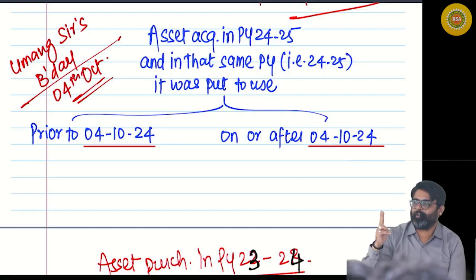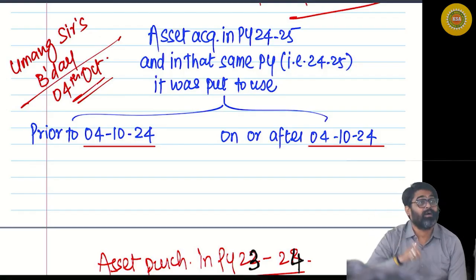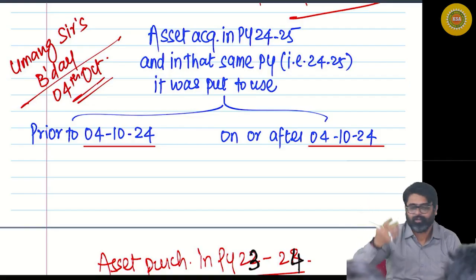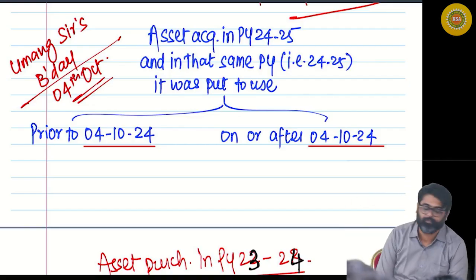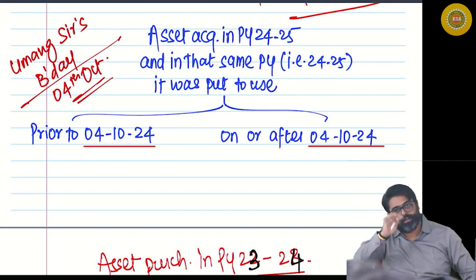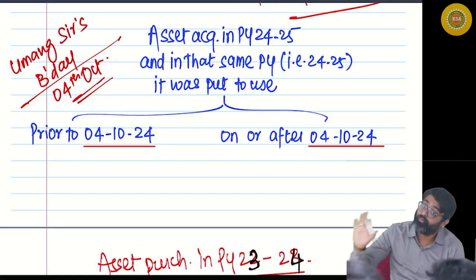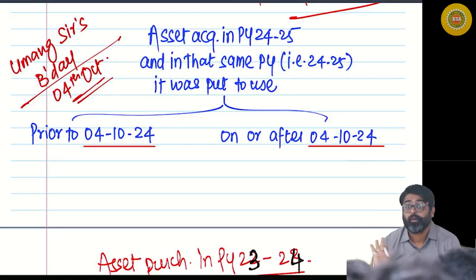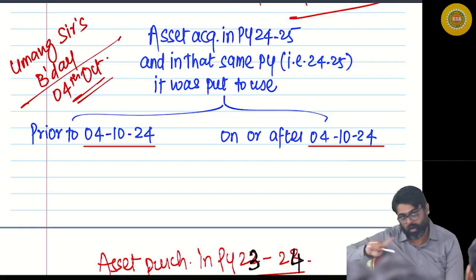I'm just 2 days younger than Mahatma Gandhi. Mahatma Gandhi is 2nd October, myself 4th October. So, if the asset is purchased in this year and it is put to use before my birthday, or it can be put to use on my birthday or after that also.